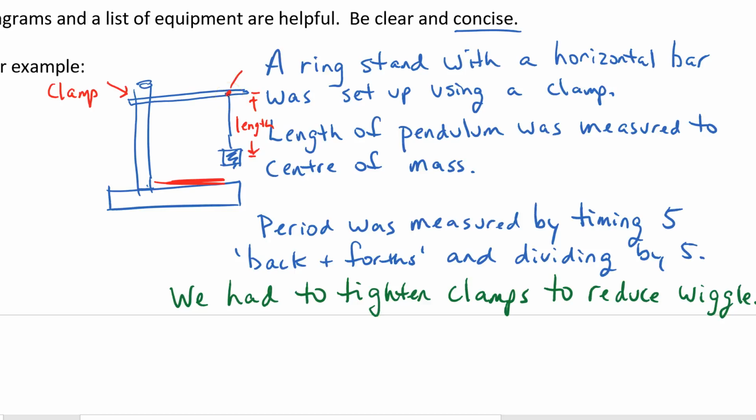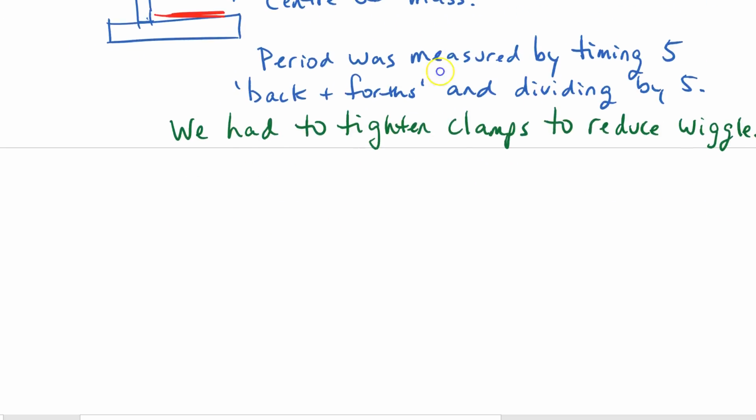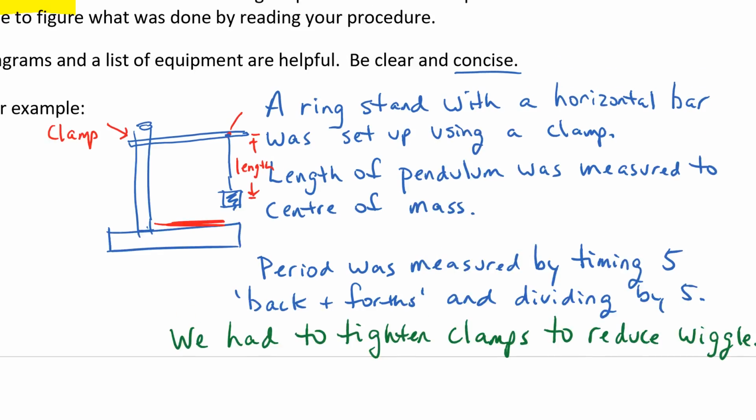If anything is moving around, you probably want to do what you can to make sure it stays still. Or perhaps you don't want to use the ring stand at all. Maybe you want to tie it to something on the ceiling, or to something that you know for sure isn't going to move around. That's totally up to you. But if you do find you need to adjust your procedure a little bit, that's fine. Just write down what you're doing. Okay, I think that's all for this, and I'll see you in class.